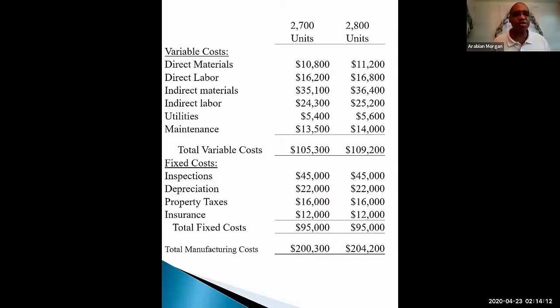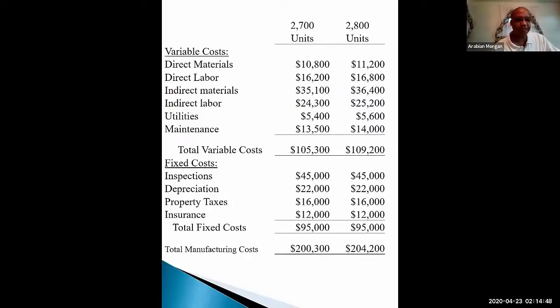And so companies will begin to put these together to help better evaluate different managers' performances for their different departments. But now this is not a budget report. This is just a flexible budget only. The difference between a flexible budget and a flexible budget report is that the report brings in the actual operating results. So let's continue on in our scenario here.